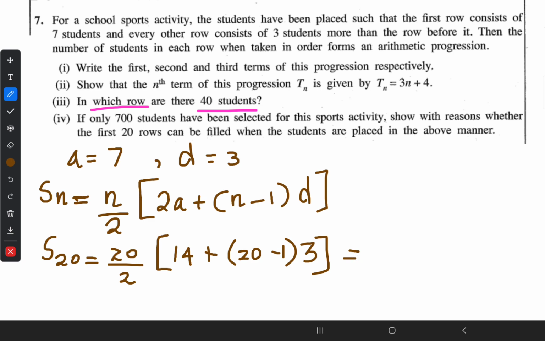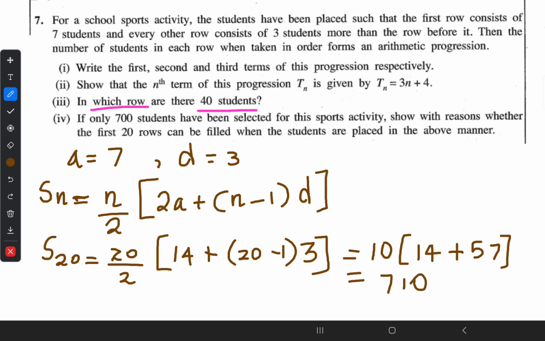Then I'll simplify. 20 and 2 will give you 10. Then inside the bracket, 14 plus 19 times 3, that's 57. So 57 plus 14 is 71, times 10, 710.